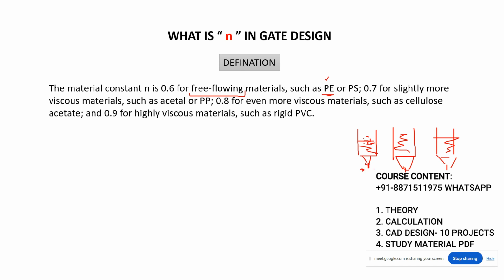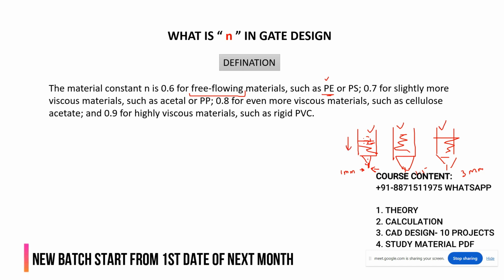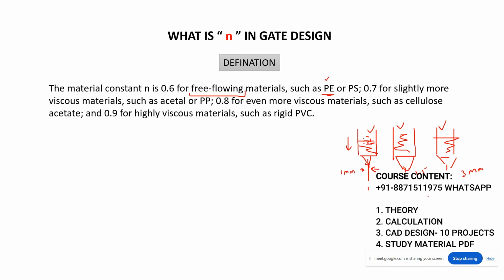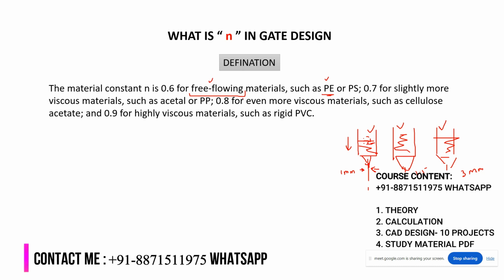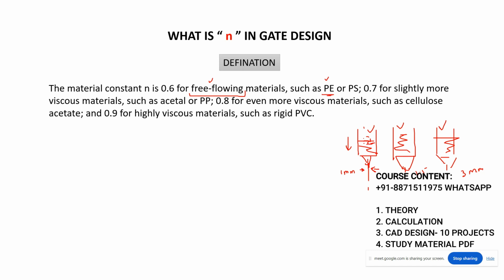This hole has a 1 mm diameter, this hole has 1.5 mm diameter, and this hole has 3 mm diameter. Now depending upon the material viscosity, because of gravity, this material will flow out from this hole, right or wrong? This flowing capacity is known as the free flowing capacity of the material. But the material should be in melted condition. Understood or not?